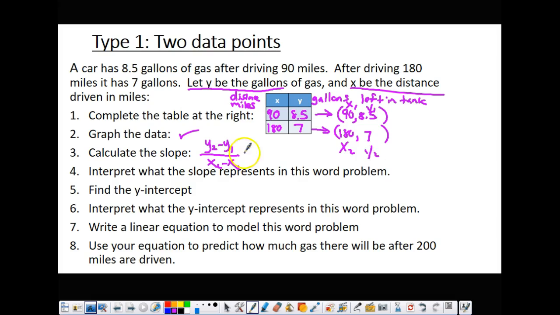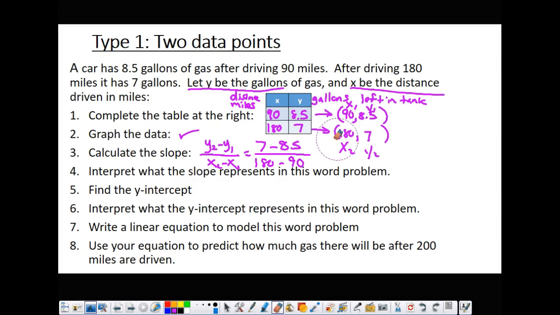So it's going to be 7 minus what? 8.5, over 180 minus 90. And just like John said earlier, 7 take away 8.5 is negative 1.5.